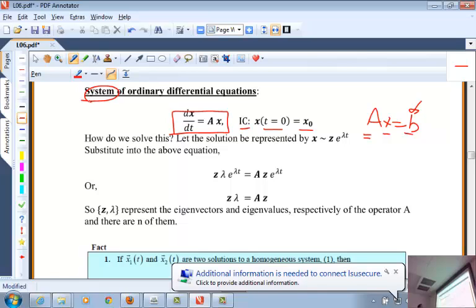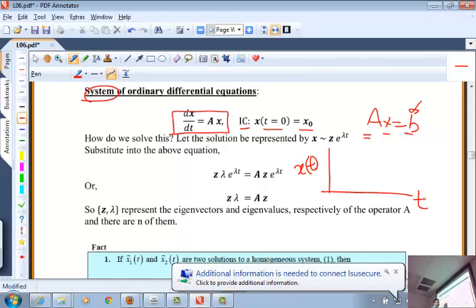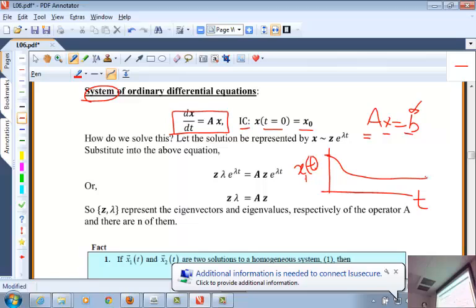So how do we solve this particular problem? What do we mean by a solution? First, we mean finding that curve, x as a function of t, plotted against t. I could plot a component of it, x1, x2, x3, etc. Starting from some initial condition, the trajectory may go something like this. There may be a steady state, and when there is a steady state, dx/dt is equal to 0. So if you have no forcing, then x must be equal to 0.